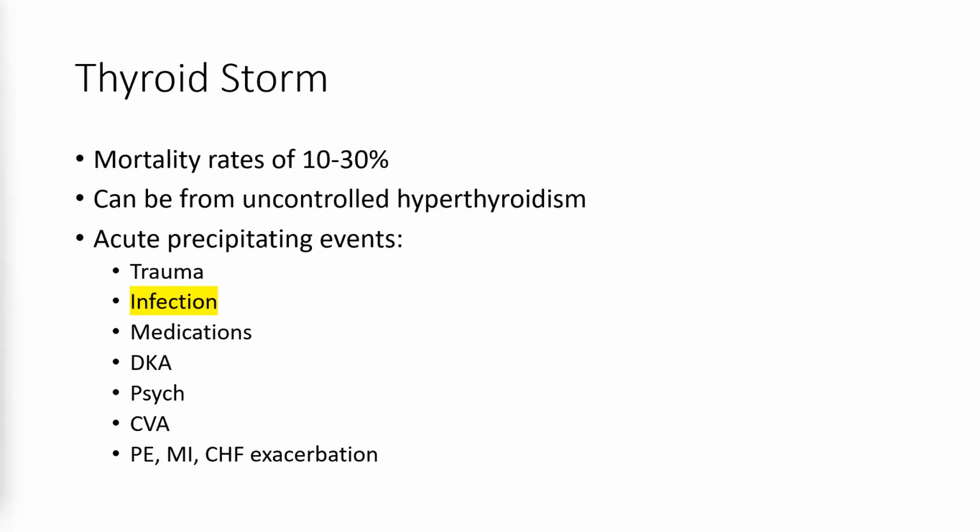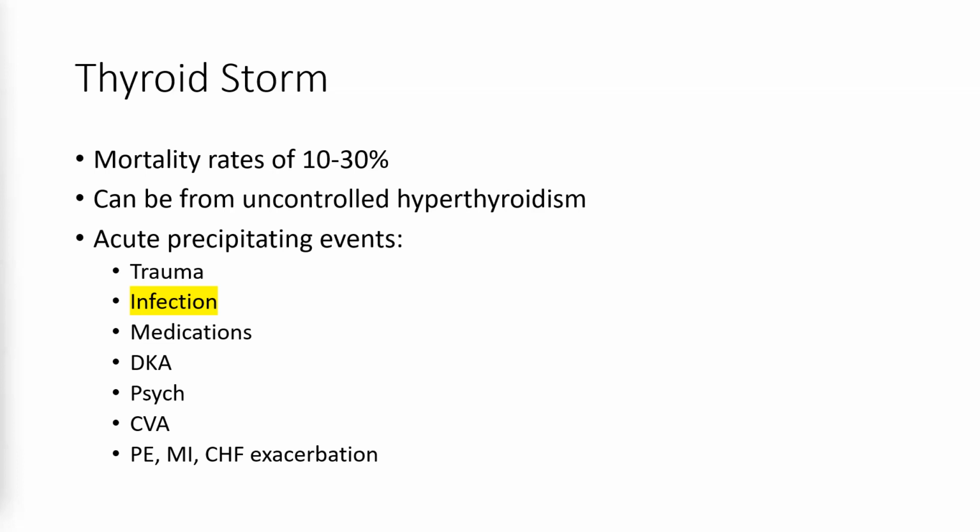But it can also come from a lot of different things, such as trauma, infection, some medications, DKA that we talked about last time, psych conditions, CVA like a stroke, and different cardiac or pulmonary issues such as a pulmonary embolism, an MI, or a CHF exacerbation.